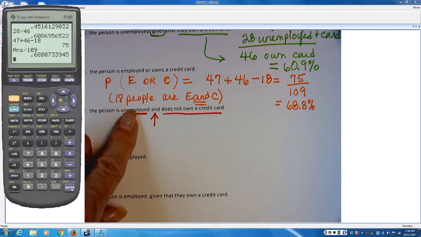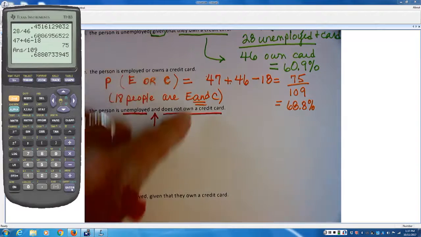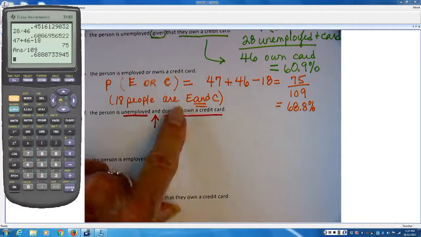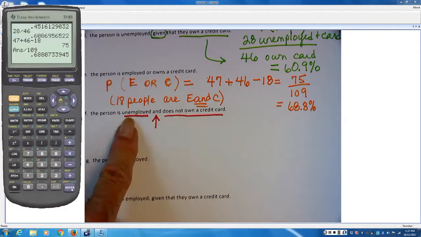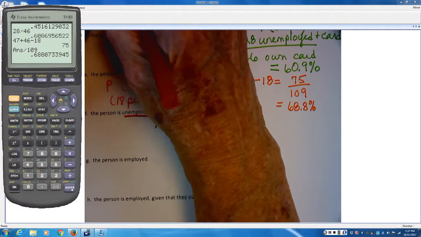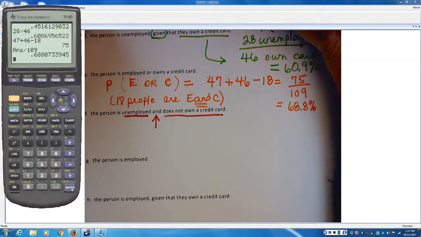So you can kind of think of these people as being the opposite of these. They don't have a job and they don't own a credit card. But that doesn't mean that this is the complement rule. You still have to consider they have to fit both these characteristics. So our unemployed people are in this row, and those that don't own a credit card are in that column.